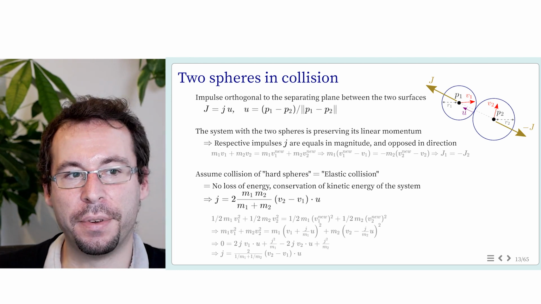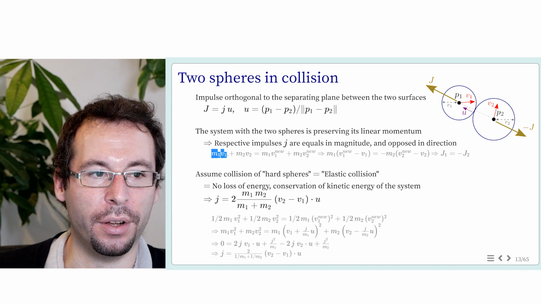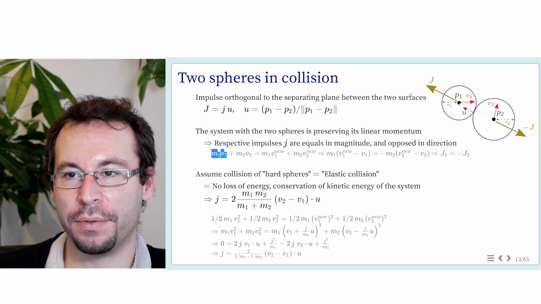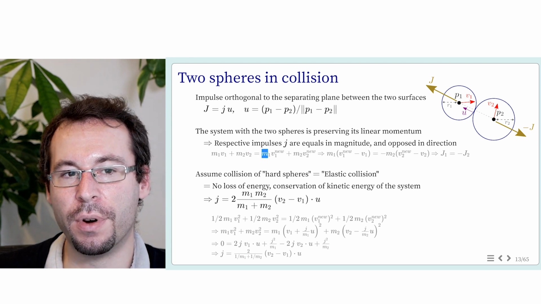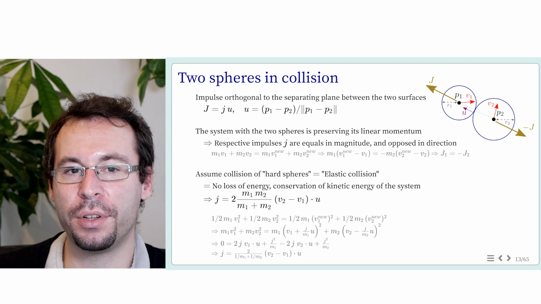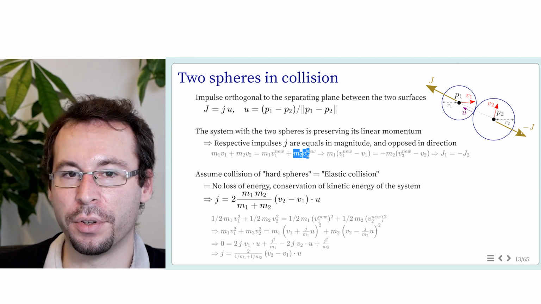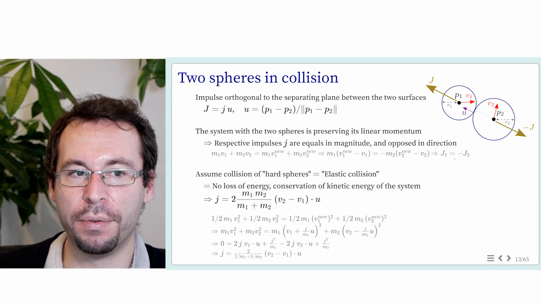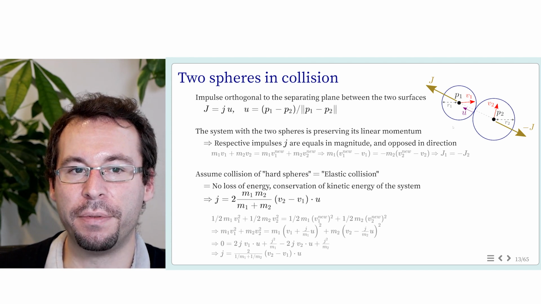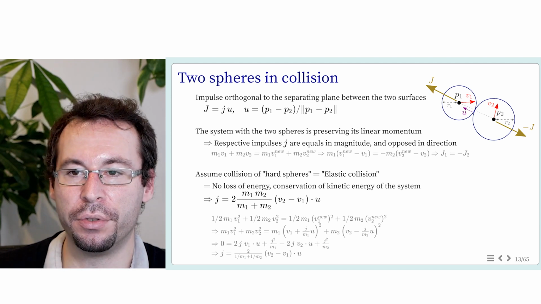And I can express that by saying that m1 v1, the mass of the first particle times its speed, plus m2 v2 has to be equal to m1 times the new speed, plus m2 times the new speed after the impact. And at the end, playing with the equations, we can see that the respective impulses are equal in magnitude and opposed in direction between the two spheres.